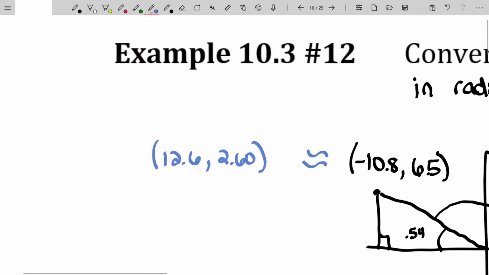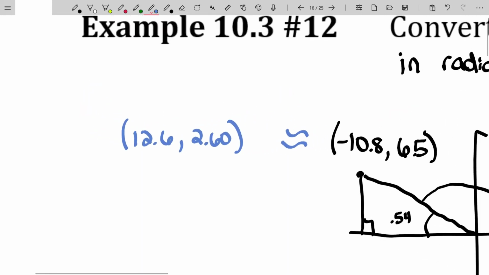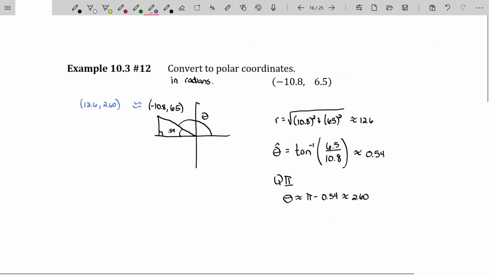So that's just something that you have to be aware of, that when you're forced to work with radians, and if your radian angle does not have pi in it, then it's going to look like a Cartesian point. This is just how it is. Don't worry about that. All right, so this problem and this video is completely done.